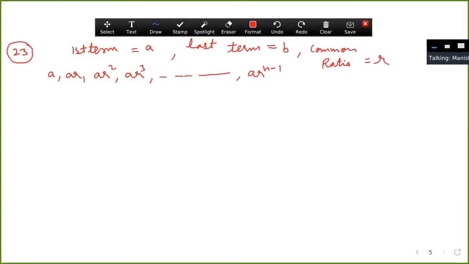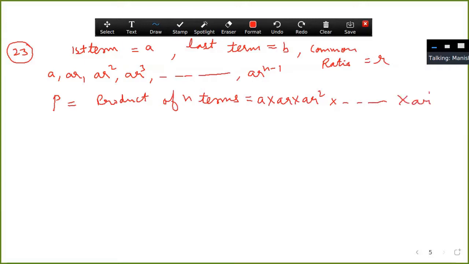Now here P is the product of n terms. It means we are multiplying the terms a into ar, and so on up to ar to the power n minus 1. When we multiply the terms, how many times does this a occur?